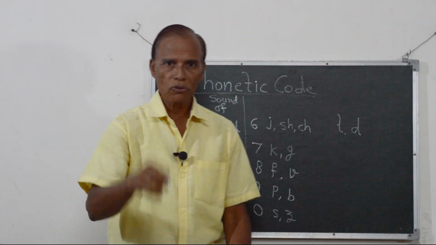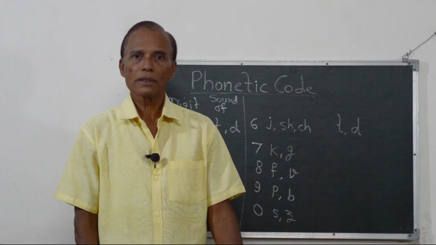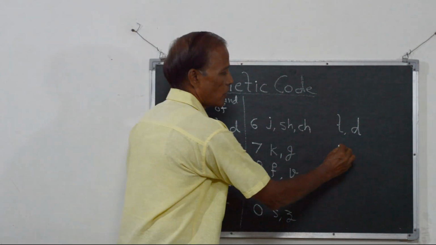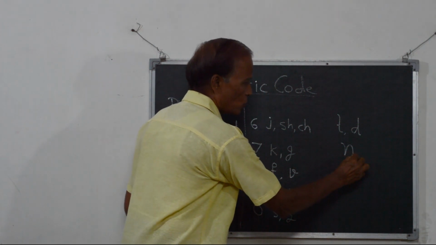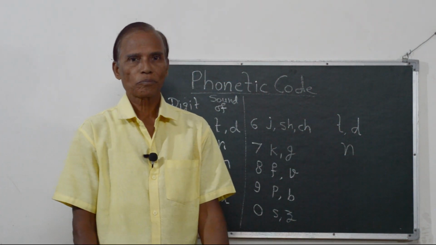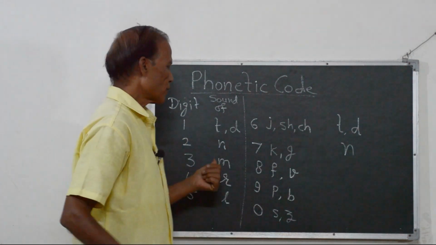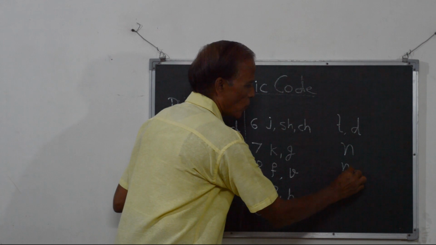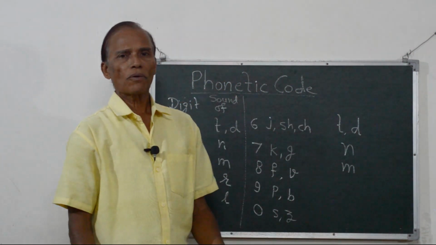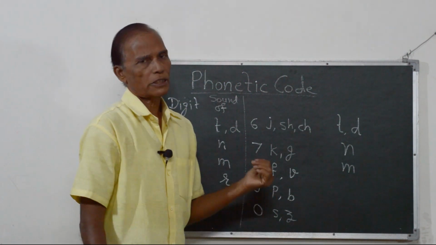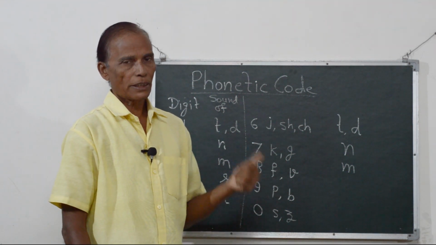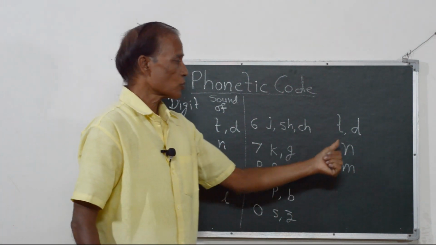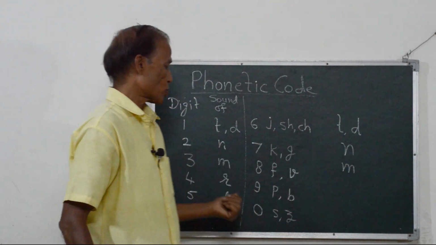So there is one down stroke while writing T and D. When we write N, there are two down strokes in the letter N. When we write M, there are 3 down strokes, 1, 2 and 3. So we can very easily remember these things: T and D having 1 down stroke, N having 2 down strokes and M having 3 down strokes.